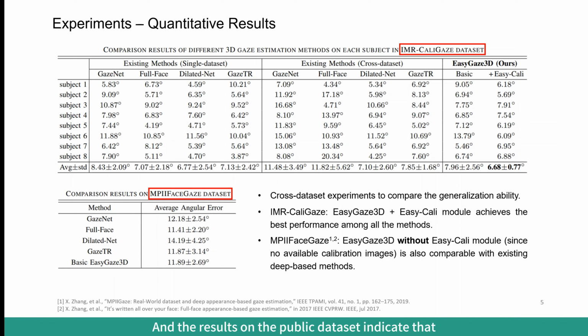And the results on the public dataset indicate that the basic version of EasyGaze3D is also comparable with the existing methods. It should be noted that our proposed system can be plug-and-play and has no requirement on training with large-scale datasets, which is a prominent advantage over the deep-based models.